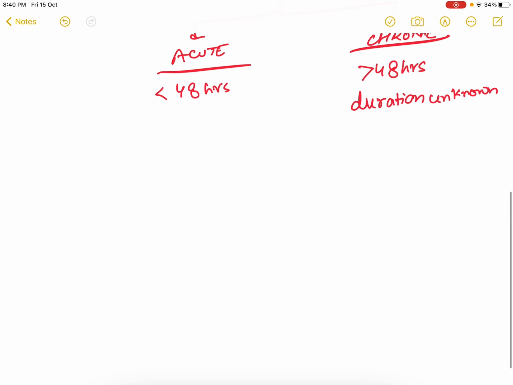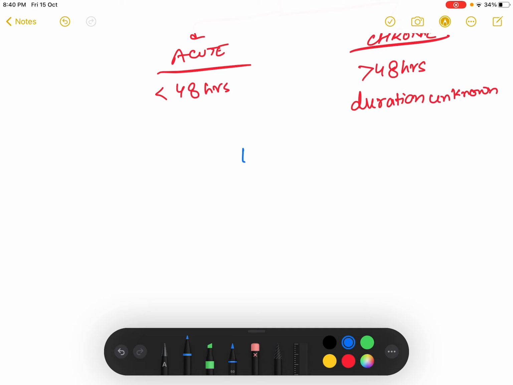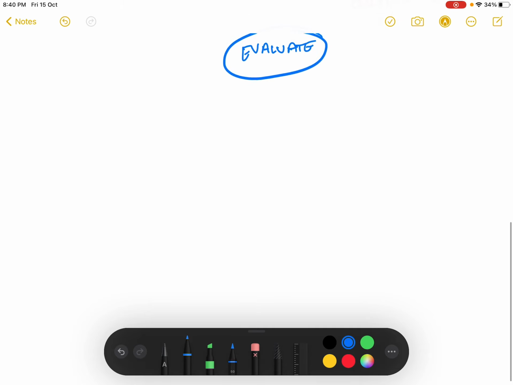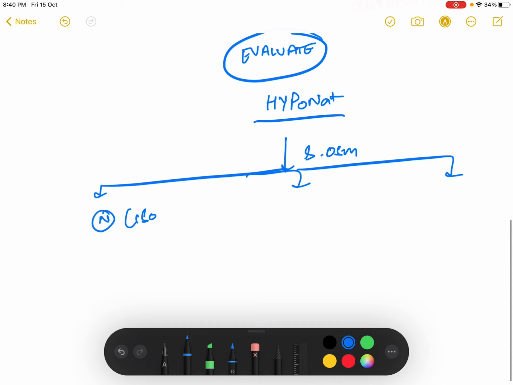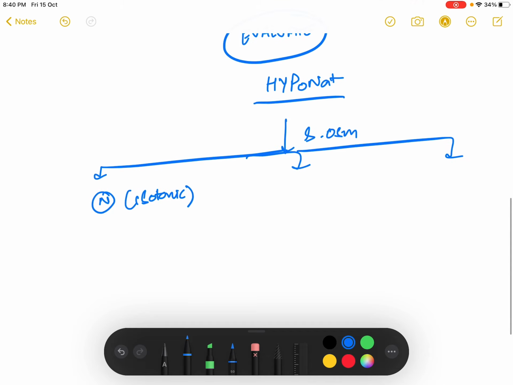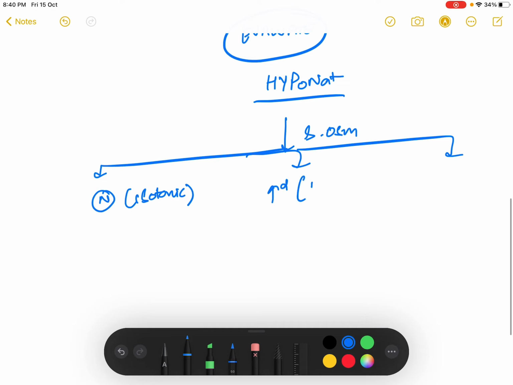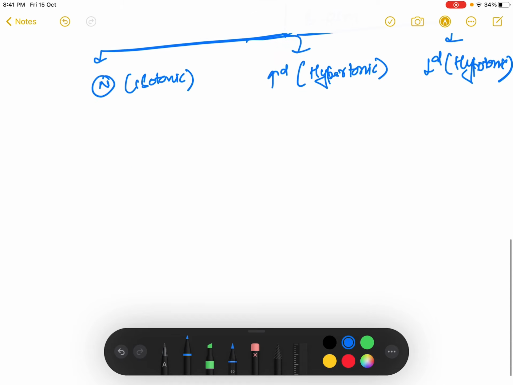Now whenever we evaluate hyponatremia, we have to first of all look at serum osmolarity. Serum osmolarity can either be normal, that is isotonic, or it can be raised, that is hypertonic, or it can be low, that is hypotonic.